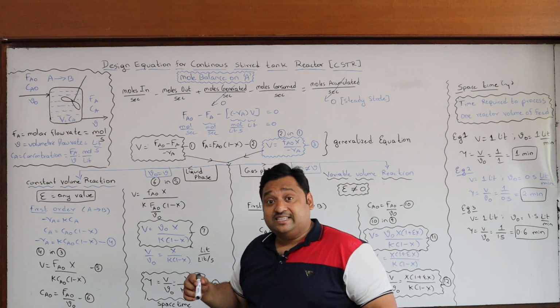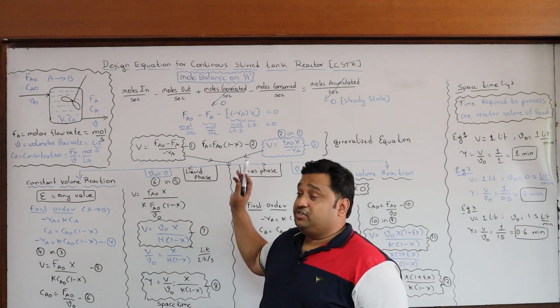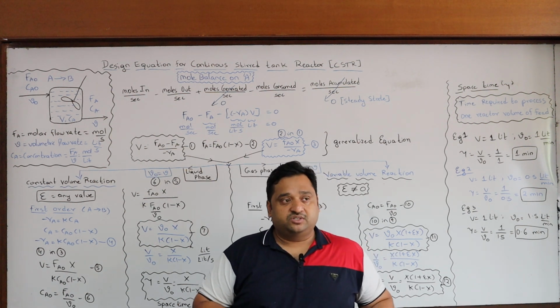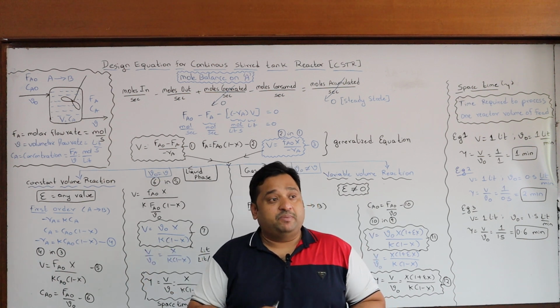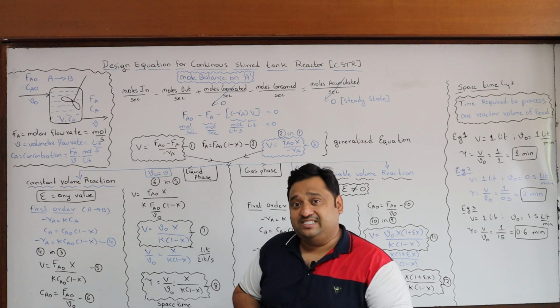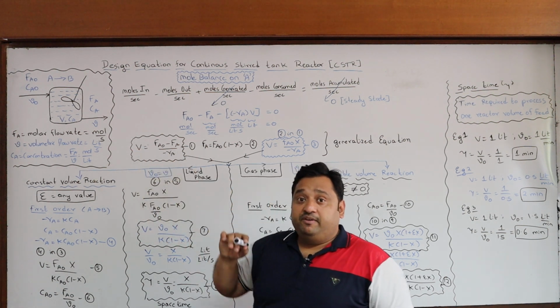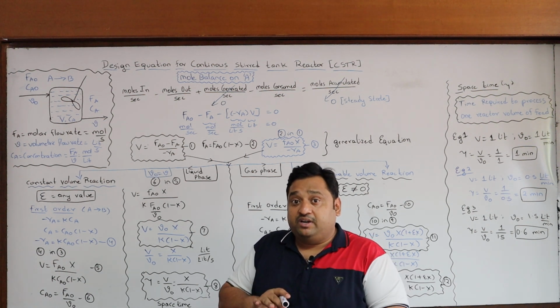Now let us take a small turn. These generalized equations apply to all orders, all reactions. What happens if it is a liquid phase reaction, and what happens if this is a gas phase reaction? Let us deal with them. And I told you, if it is a liquid phase reaction, the exit volumetric flow rate and inlet volumetric flow rate will not change.